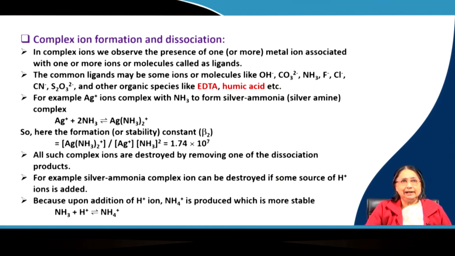So, a metal associated with some ligand. Common ligands may be OH minus, carbonate, ammonia, fluoride, chloride, cyanide, thiosulfate; all these can act as ligands. Some species like EDTA, ethylenediaminetetraacetic acid, and humic acid, a natural ligand, also act as ligands.